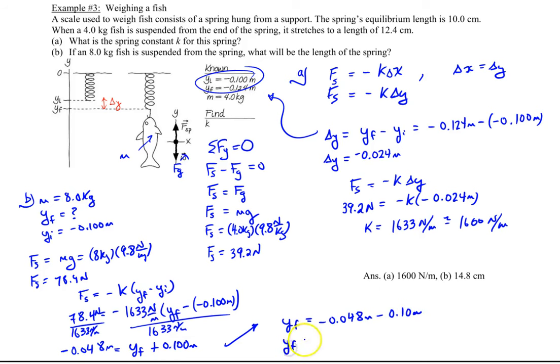So that will give you a final displacement of negative 0.148 meters, or negative 14.8 centimeters. And the reason why we have a negative here is simply because we're assuming this is 0, so it's 14.8 centimeters downwards. Okay, that's it.